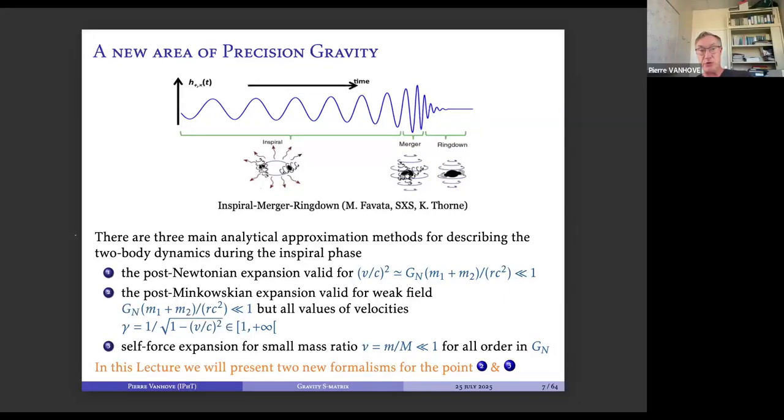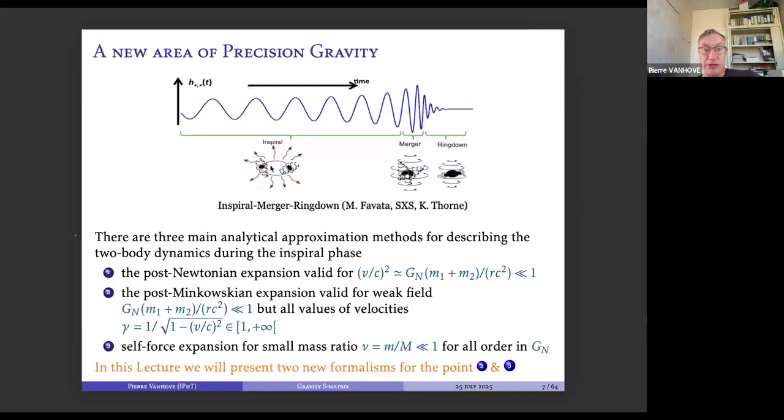The relative velocity between the two objects, if you use the virial theorem that equates the kinetic energy to the gravitational potential, you see that v squared is of the order of G m, Newton's constant times the total mass, divided by r. So you can do an expansion in both quantities. Or, and this is more what I'm going to explain to you, you want just a perturbative expansion, weak coupling, but you keep a totally relativistic regime.